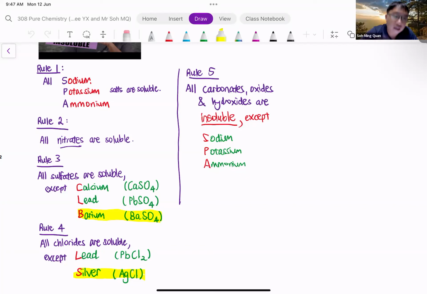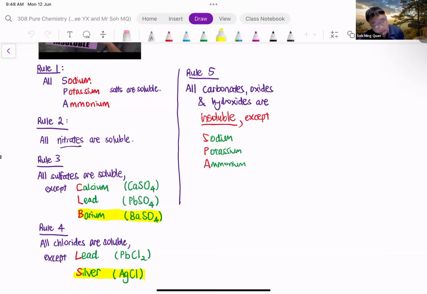So knowing the insoluble salts and the SPA salts is crucial. SPA is easy. From the name, you can tell it's sodium, potassium, or ammonium. But the insoluble salts are the ones that you must learn. Meaning the calcium sulfate, lead-2 sulfate, barium sulfate, and lead-2 chloride, silver chloride. It must be learned by heart. If you don't learn this by heart, it's going to be very difficult for you to do salt prep.